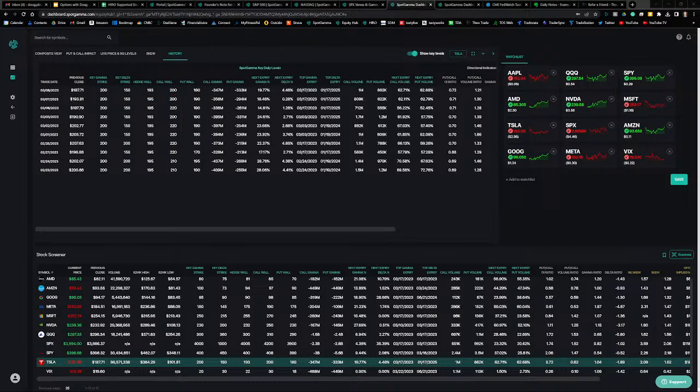Even though there's no change in the key gamma strike, further investigation shows that some of these other levels were dropping.